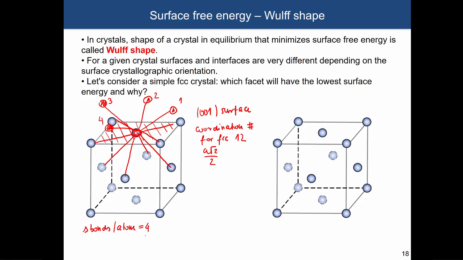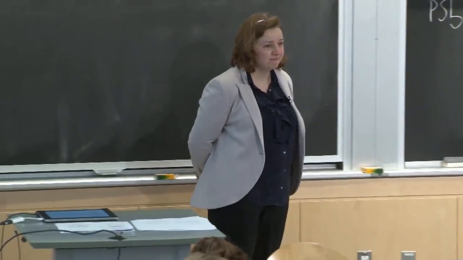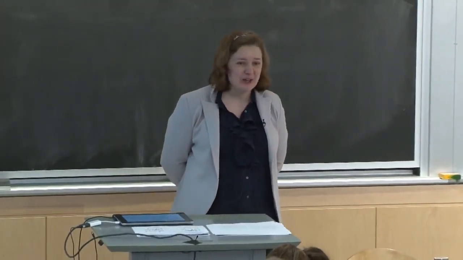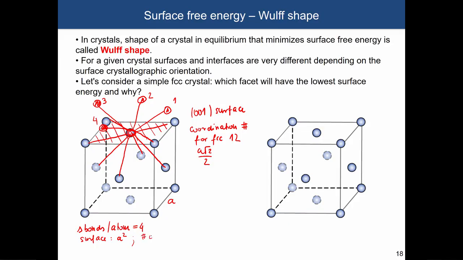I also have to calculate how many atoms there are per surface area in this particular plane. So the surface is equal to a squared, where a is the lattice constant of the crystal. How many atoms are in the 001 plane? What is the areal density of atoms? 2. Okay, so why do we have 2?